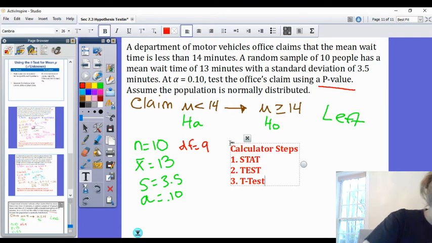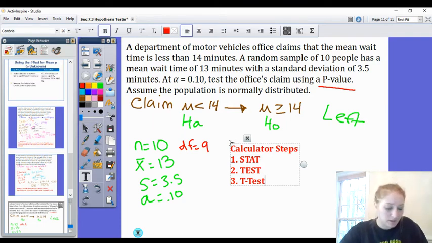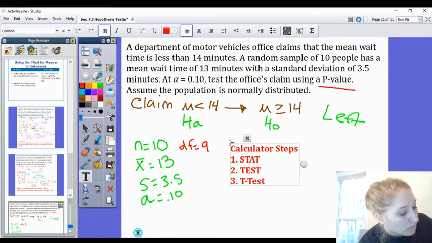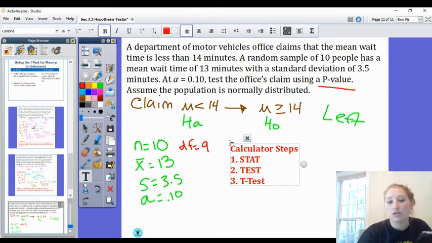You'll notice you have two options there. You can type in data into a list, or you can use the stats. When you're using the stats, your mu naught is going to be the claim information.